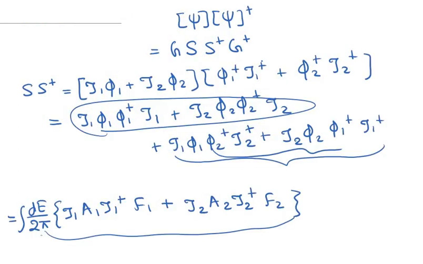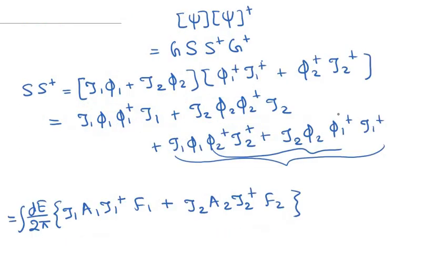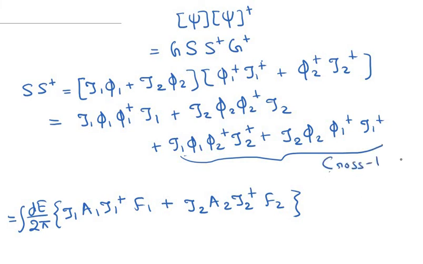Now these two terms over here are cross terms, and their average is basically 0 because they come from two contacts which are not correlated. They come from two different contacts.